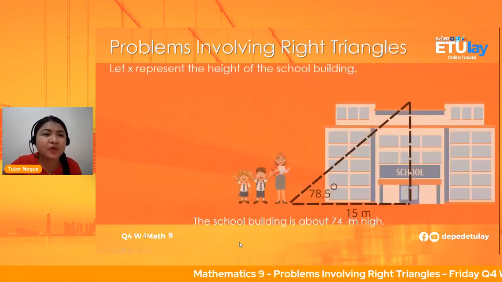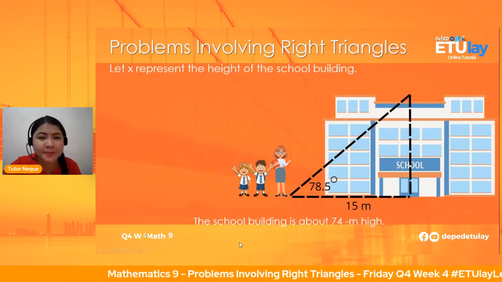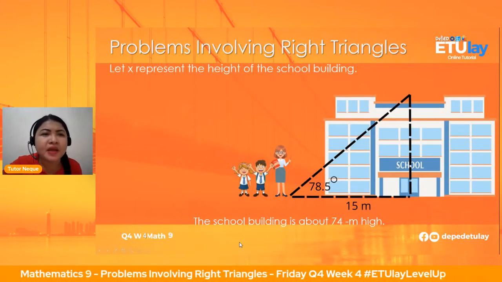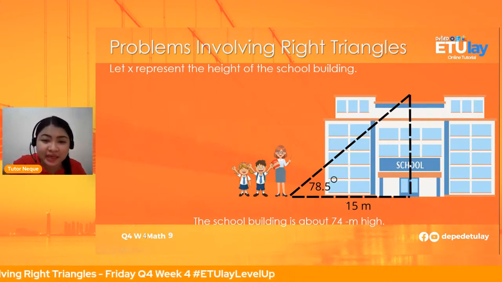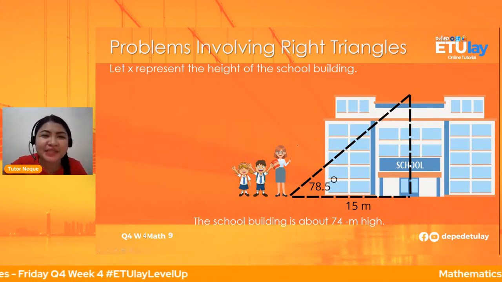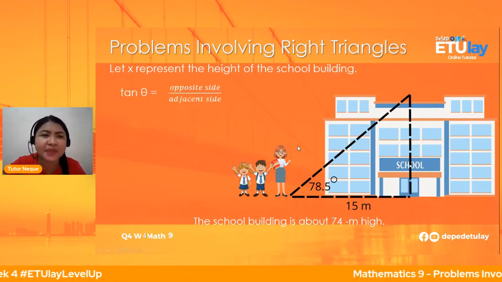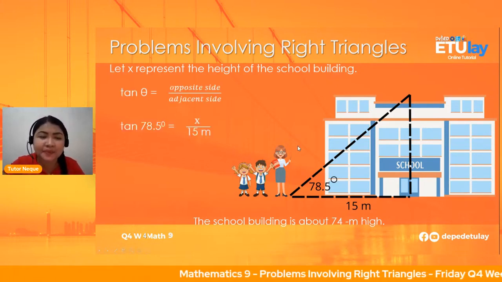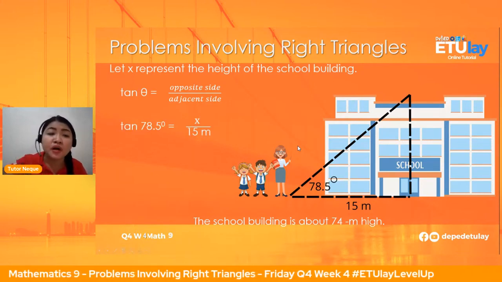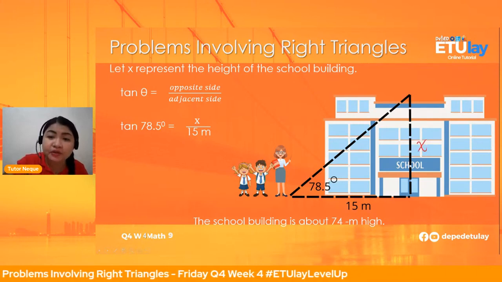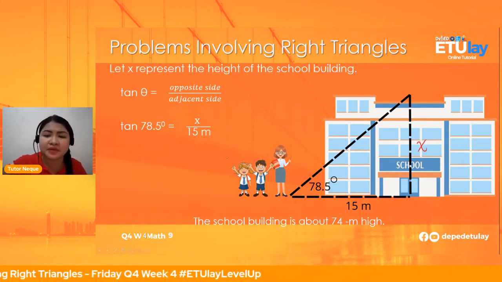Okay. So we have here, pakita lang natin. Let X represent the height of the school building. Meron nang nakalagay dito, no? Let X represent the height of the school building. And tan of theta is equal to opposite side over adjacent side. Now, tan of 78.5 degrees is equal to X, which is the unknown, over 15 meters.